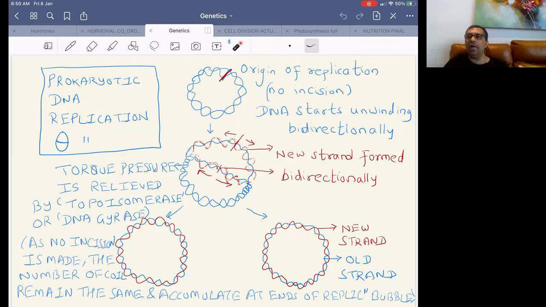Yeah, this I'll just show you properly. So this is your circular DNA, and at the circular DNA you have origin of replication where it starts separating.